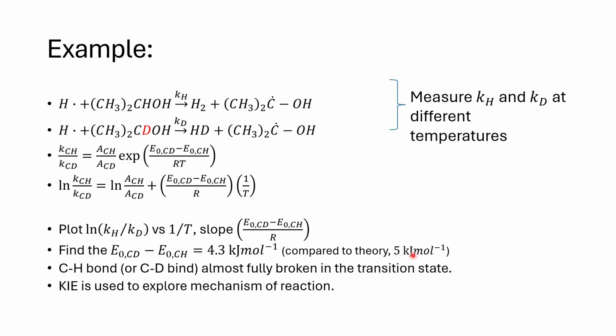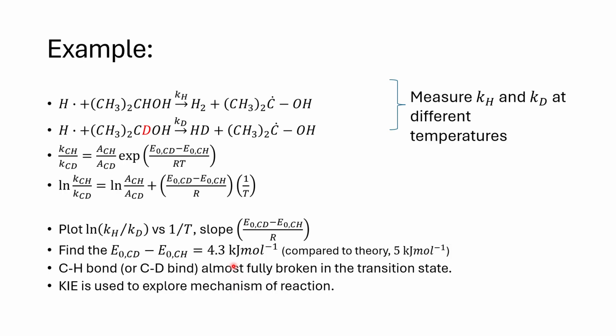so that the energy level for both of these molecules, for the zero-point energy level at the transition state, are the same. Therefore, it gives us the value of 5 kilojoule per mole. And in this experiment, the value determined from the slope is 4.3 kilojoule per mole. These two values are very close to each other.